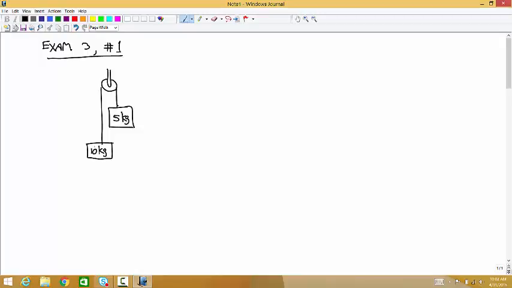This one's full of rabbits, that's why. This one's hollow. And then this is connected to a spaceship that's accelerating upwards at 1 meter per second squared. And we want to calculate the acceleration vector of the 10 kilogram mass.